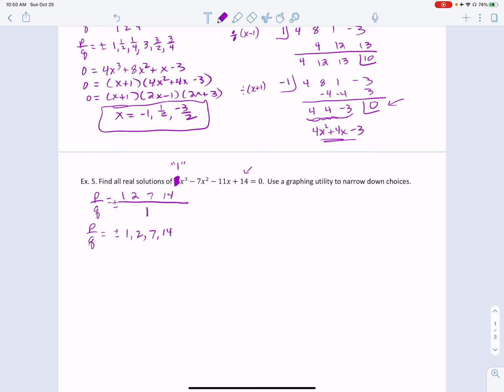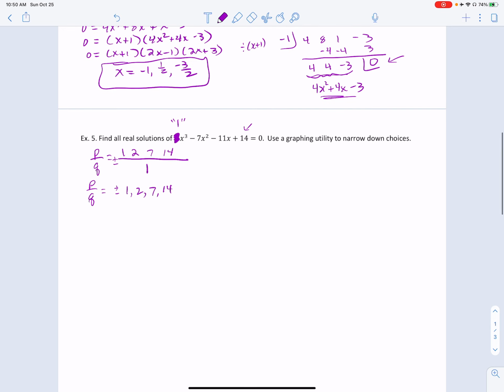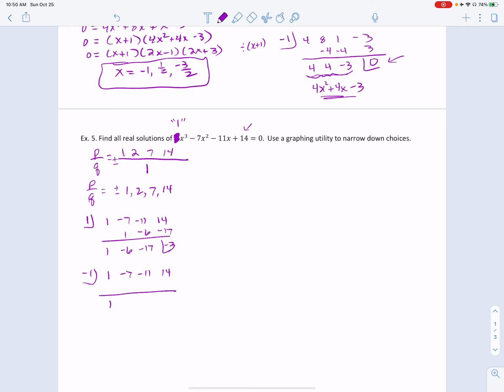And so if I start doing the trial and error with synthetic division, well, 1 didn't work. I tried -1. I get 17. So that's, and I can keep on going.